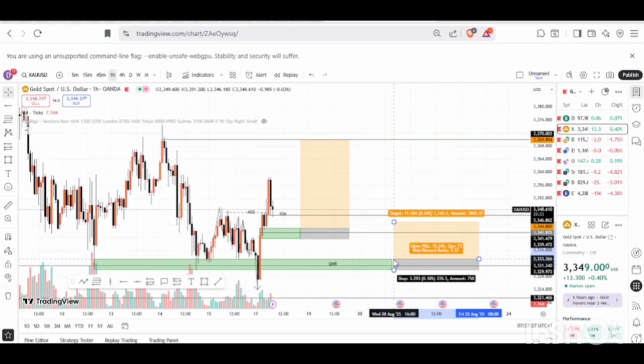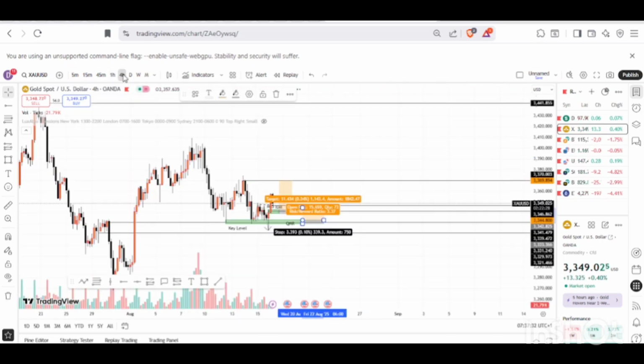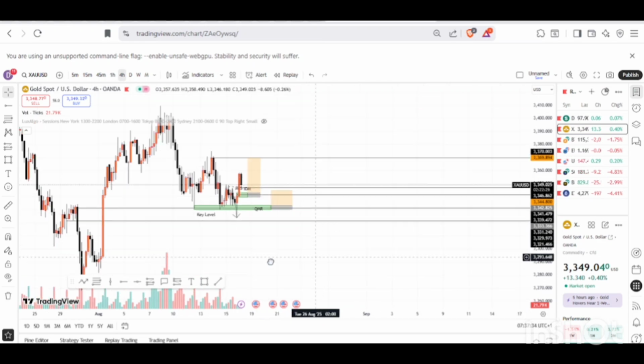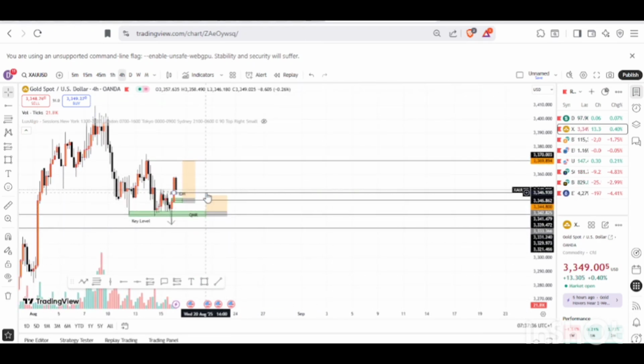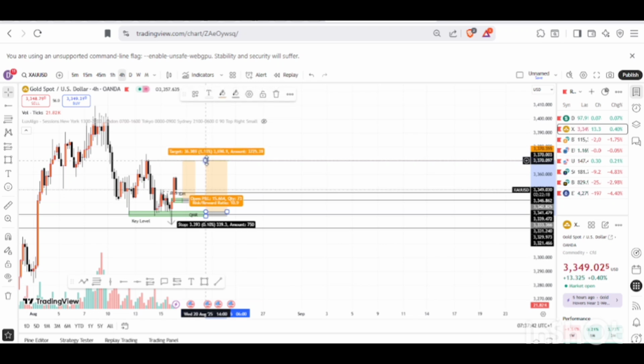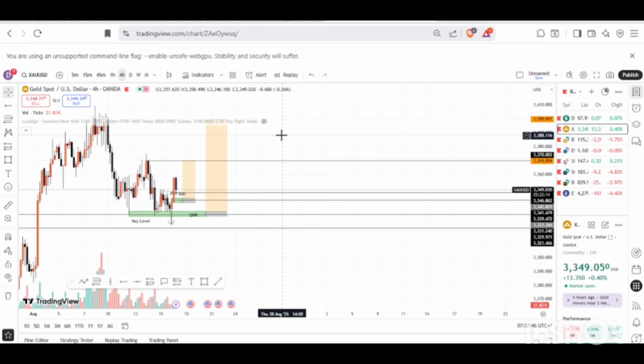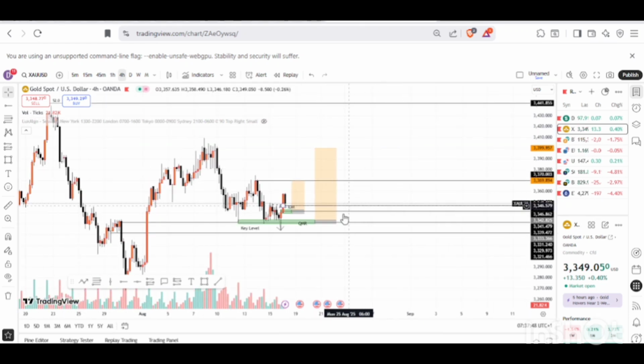I'll go back to the 4-hour time frame, and if price comes here, my target will not just be here, which is 1:10. My target will be here for 1:19. You can further refine this, and you can see the line in between, which is my optimal trade entry.